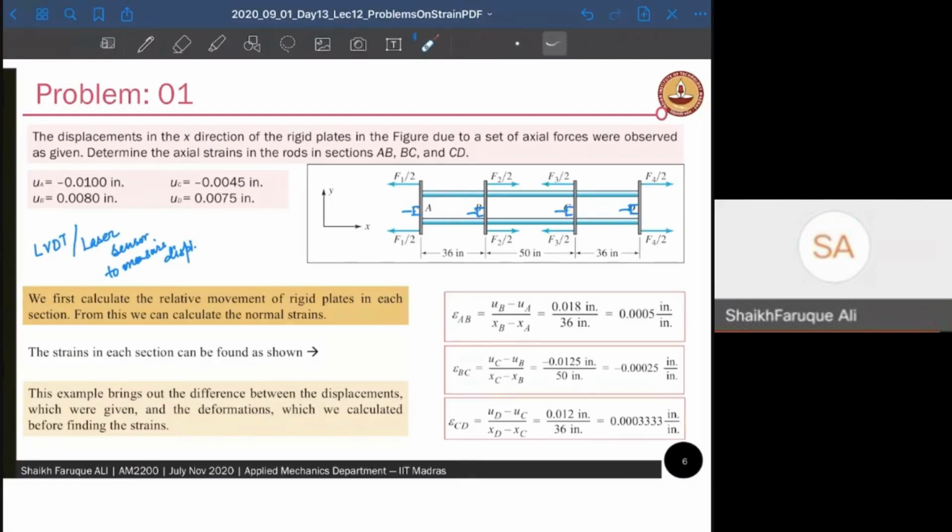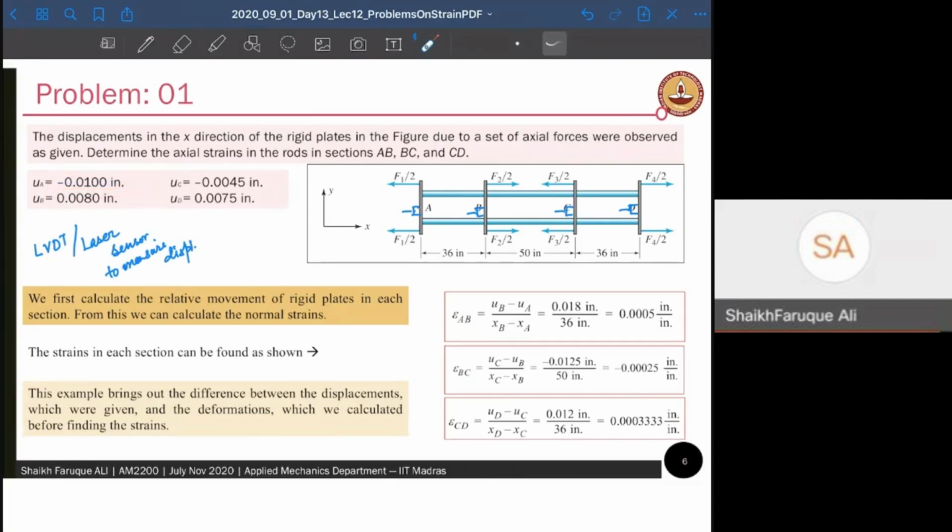So the average strain epsilon AB is given by UB minus UA divided by XB minus XA. Now please note that if this is my positive X direction, B has moved in the positive X direction, whereas A, since the force is along this direction, has moved in the negative X axis.